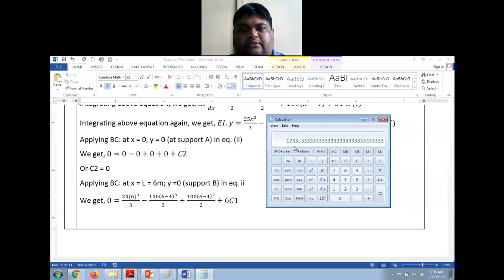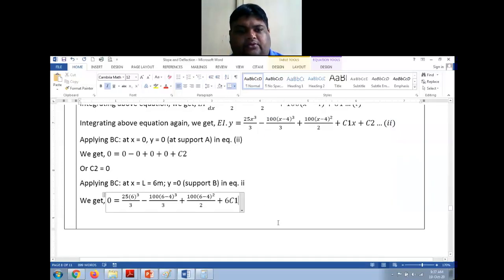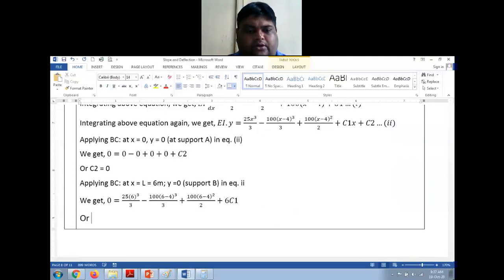So this is 1733. This is on the right hand side. When it goes on the left hand side, it will become negative by 6. So it is 288.888. So I'll just write, or C1 is equal to 288.88, and it will be negative because it was positive here. When it goes on the other side, it will become negative.